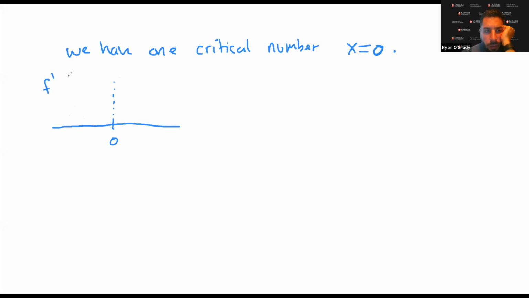If I evaluate my first derivative at, say, -1, I get +2 times e to the -1 squared, which is just e to the -1. This is positive, so we're increasing. And then when I plug in 1, I get -2 e to the -1, which is negative, and so we're decreasing.